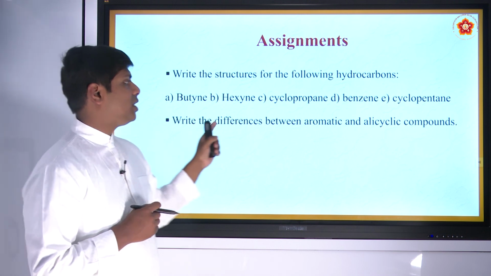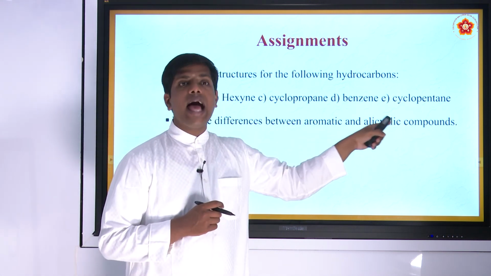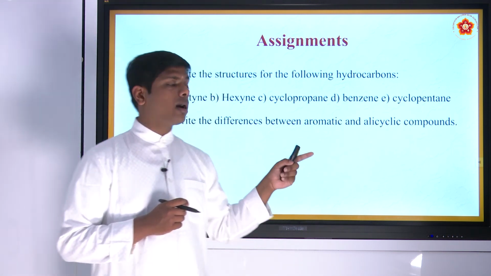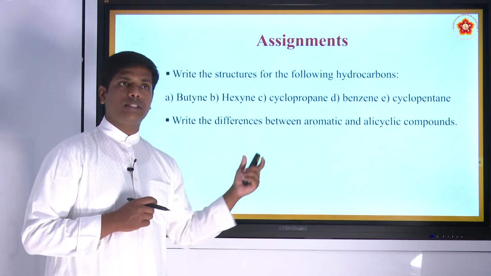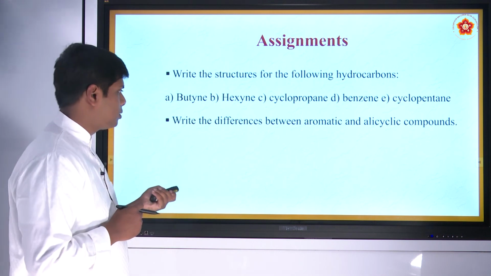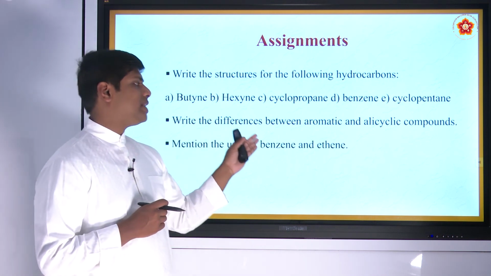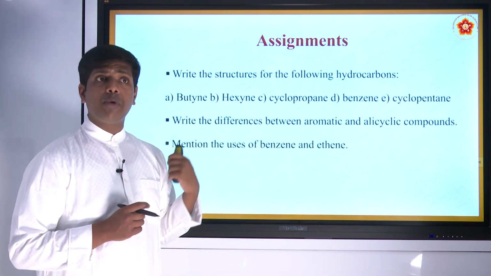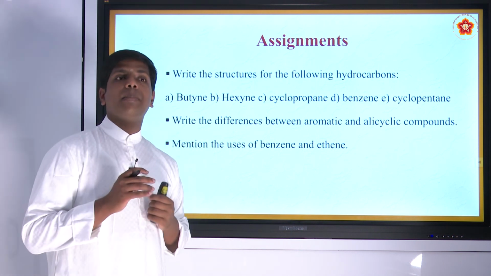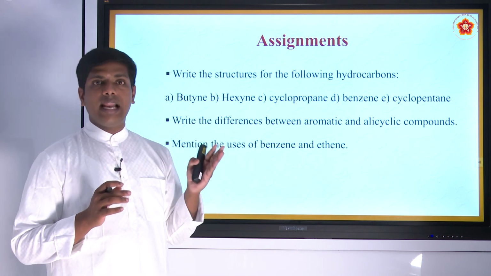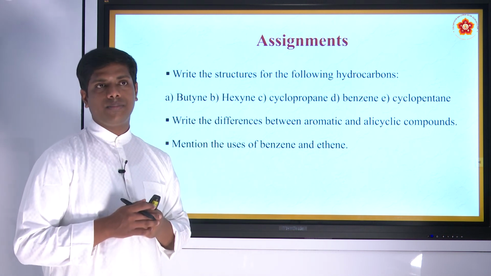Write the differences between aromatic and alicyclic compounds; draw a chart. Mention the uses of benzene and ethene. Also compare alkane, alkene and alkynes.